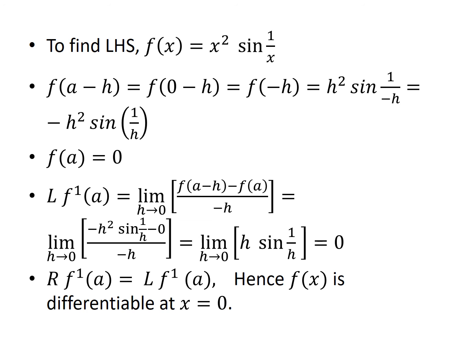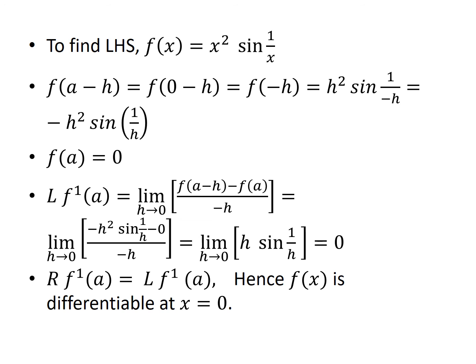So f of a equal to 0. Therefore, the left hand limit of f dash of a, which is defined as the limit of f of a minus h minus f of a divided by minus h, equal to the limit as h tends to 0 of minus h square sine 1 by h minus 0 divided by minus h, which is equal to the limit of h into sine 1 by h, and it is equal to 0.